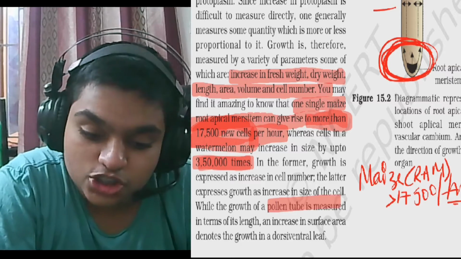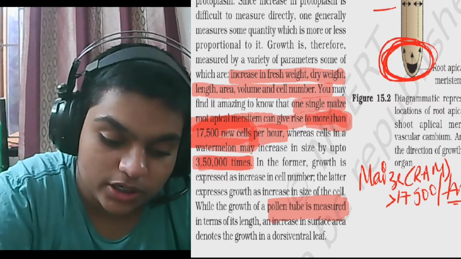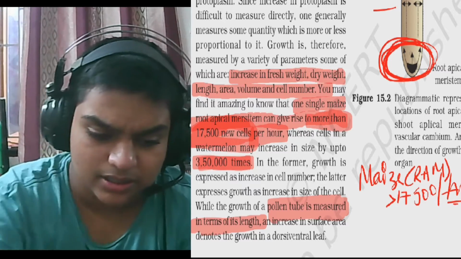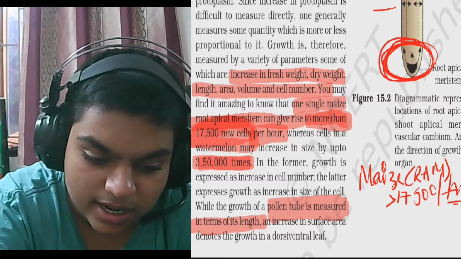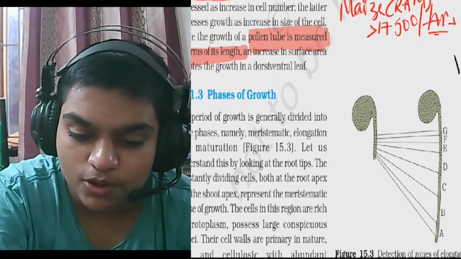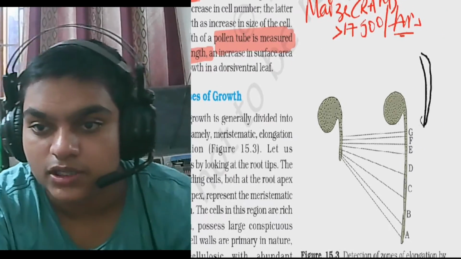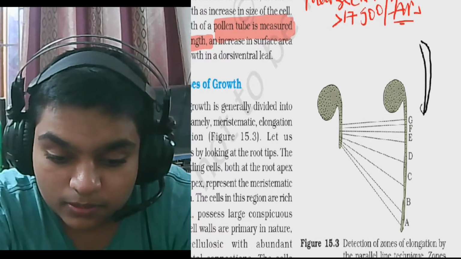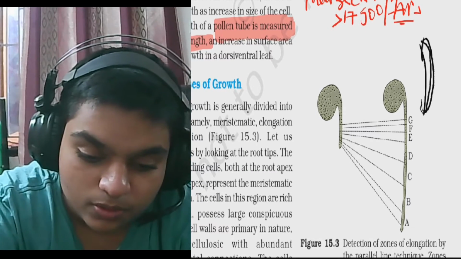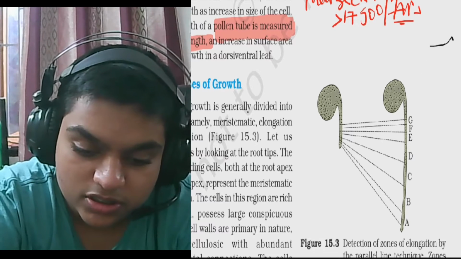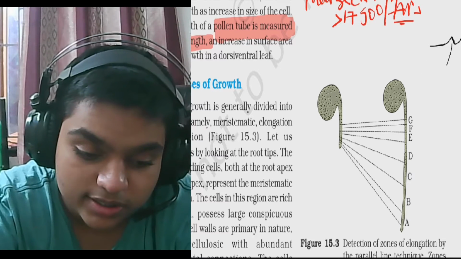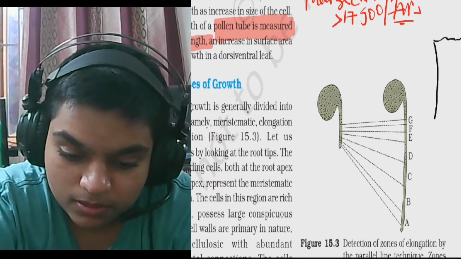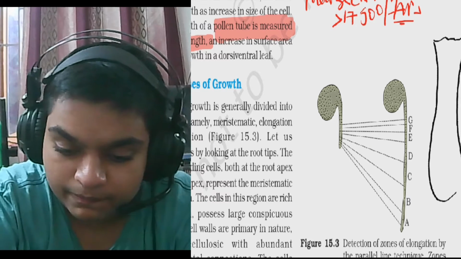But growth of the pollen tube is measured in terms of length increase. Isn't this correct? See, if this is your pollen tube, one minute, let me write the stigma, style, ovary, etc. Typical flower: stigma, style and ovary.